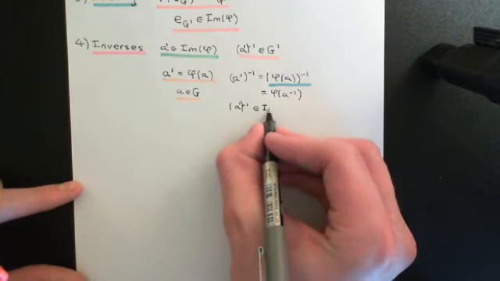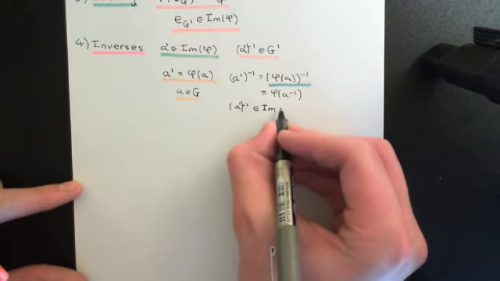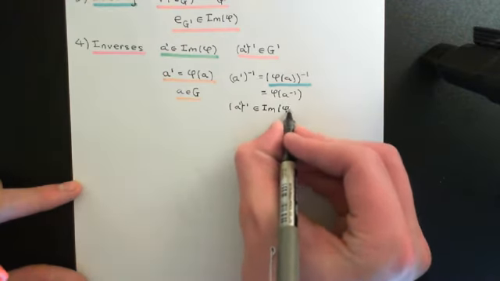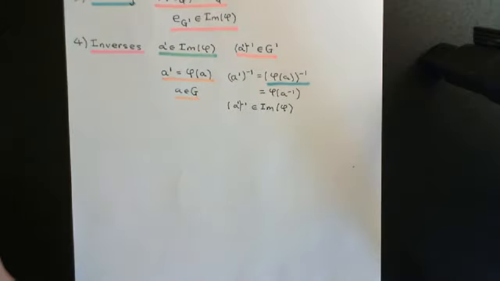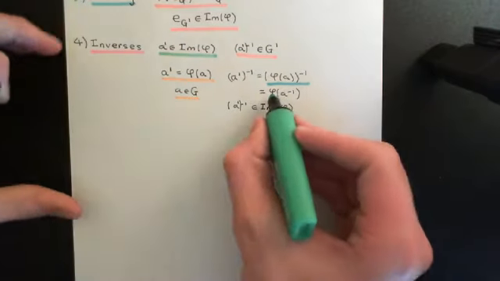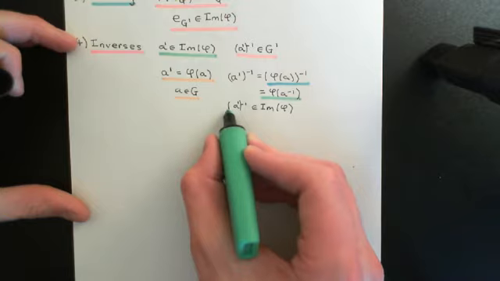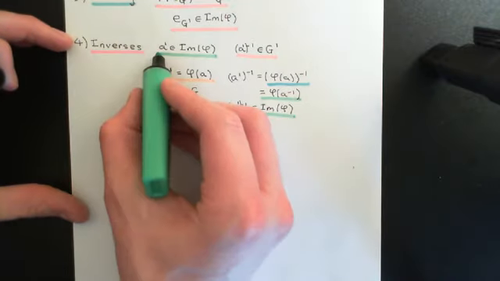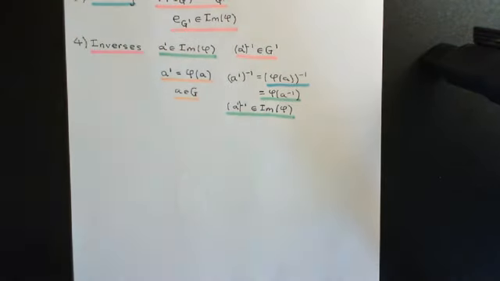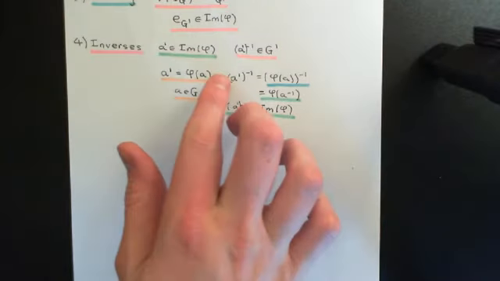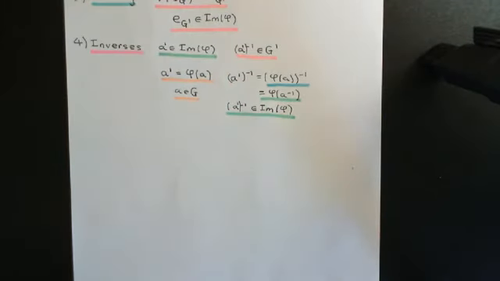So now we know that little a prime's inverse is also an element of the image of the homomorphism. What I have just proven is that if you have some arbitrary element in the image of a homomorphism, then its inverse element will also be within the image of the homomorphism. There will be another element in the domain group which is mapped onto the inverse of that element.